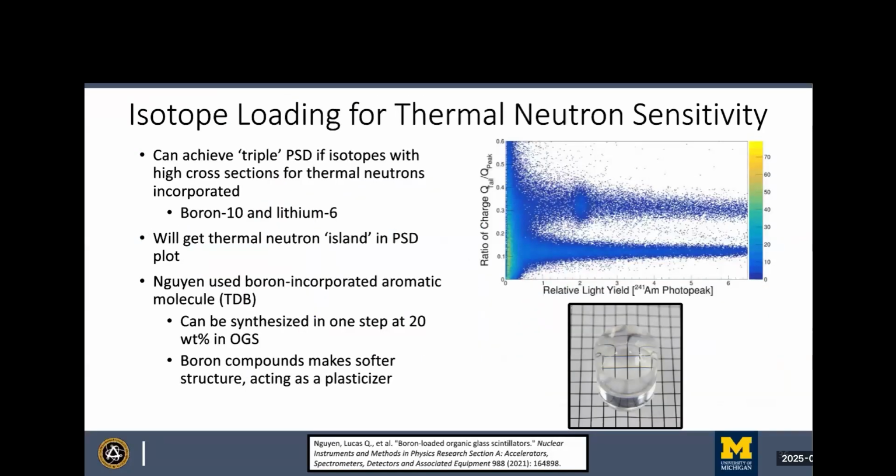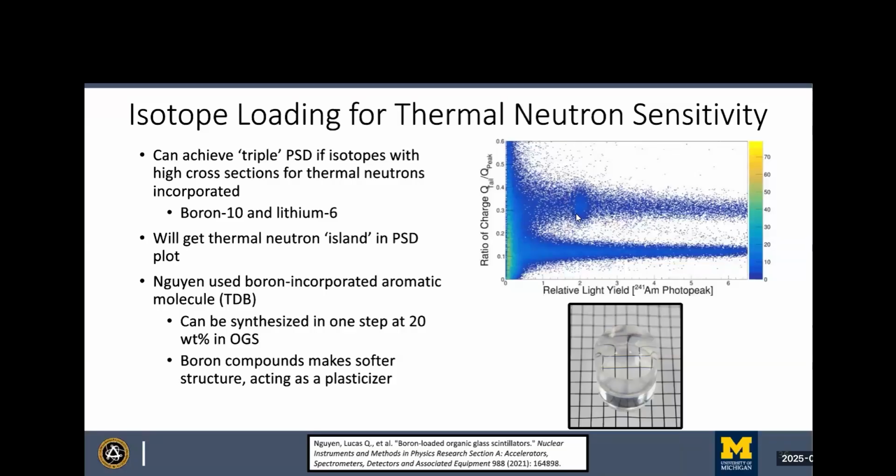We can also achieve triple PSD in the organic glass if isotopes with high cross sections for thermal neutrons are incorporated, specifically boron-10 and/or lithium-6. This will give you a thermal neutron island on the heat map of tail to total integral ratio versus relative light yield or incident energies, which you can see right here.